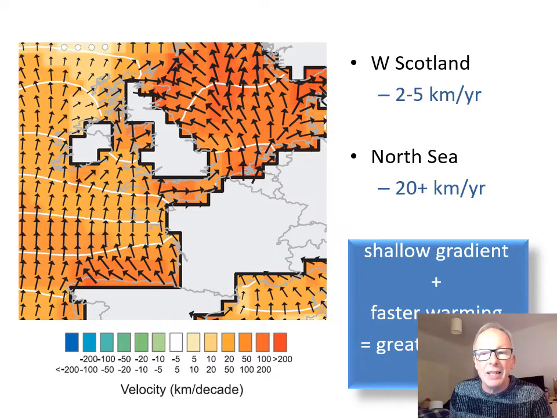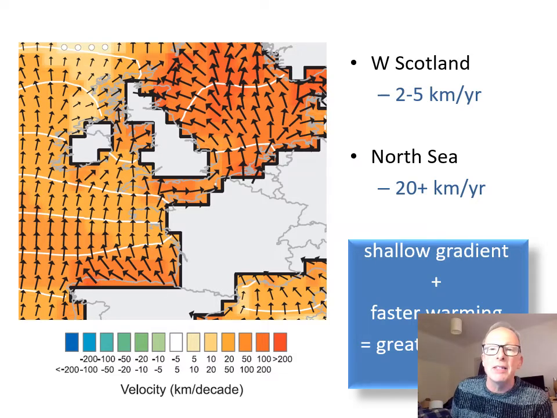On a local scale, you can start to see some of the differences we might see on the west coast of Scotland. Warming's been less, and the isotherms, which are these white lines here, are closer together. In the North Sea, the isotherms are much further apart, and there's been more warming.